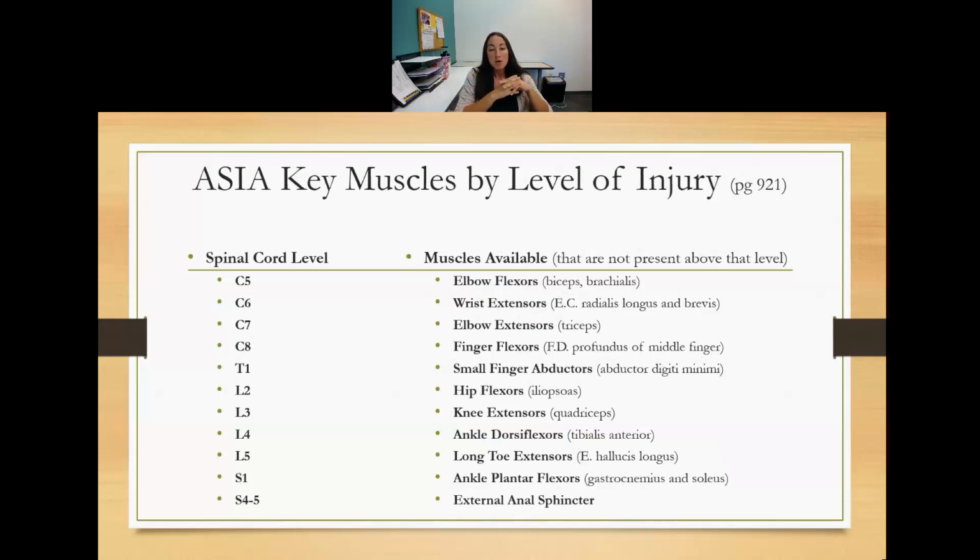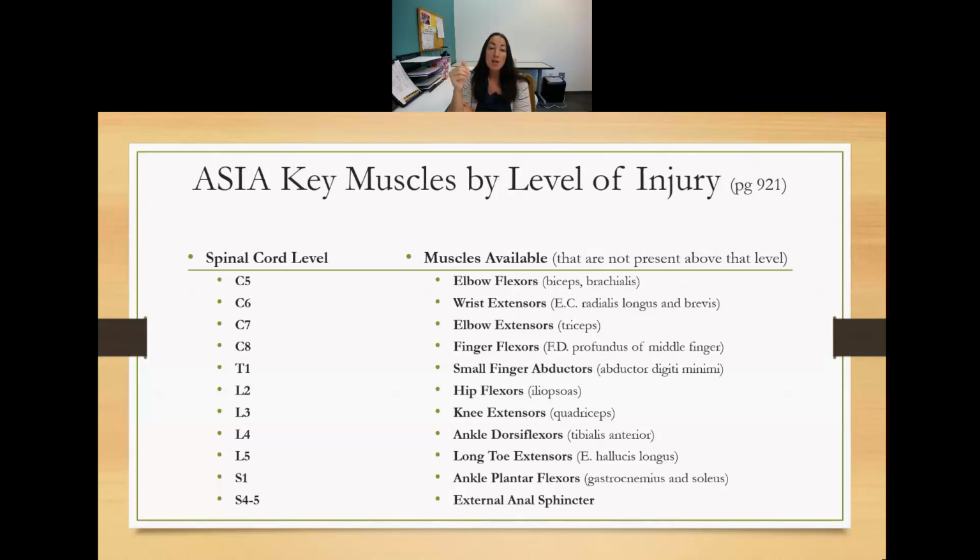For each level, you can test, and the key muscles are something that is available at that level that would not be available if they had an injury at the next level up. So like at C5, the patient should have the use of the biceps and the brachialis, so their elbow flexors, and should be able to use elbow flexion to benefit them, versus if it was C4, they would not have any elbow flexion. Okay, so the key muscles are muscles that are available for use, that they have some strength with someone who has an injury at that level.